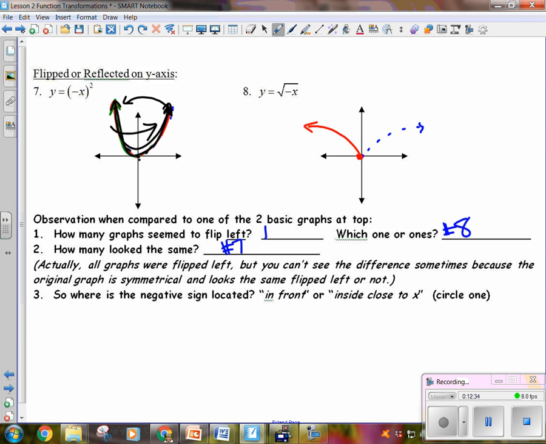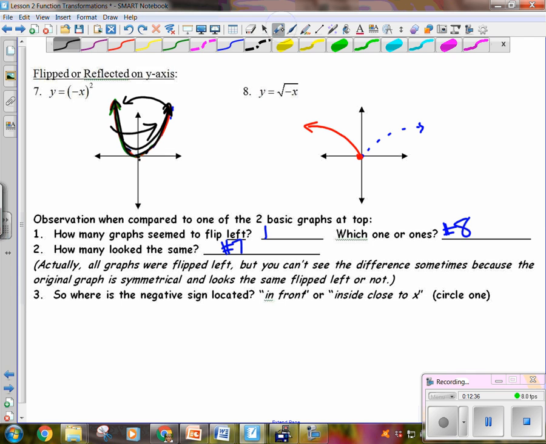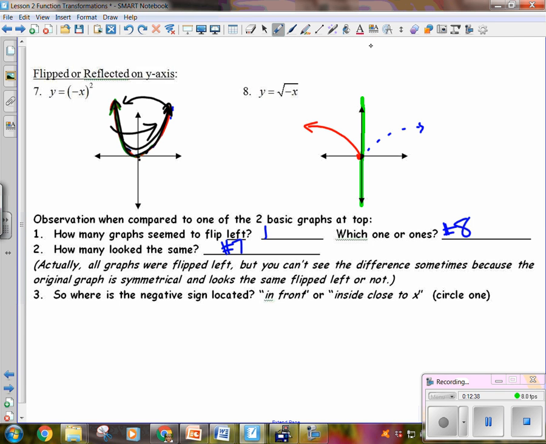It's almost like we have the y-axis highlighted right through here, and what was over here gets flipped over there. It's the same thing right here. What was on one side gets flipped to the other side of the y-axis. So where is the negative sign located? This time we'd have to say it's inside close to x. So these graphs got flipped left.